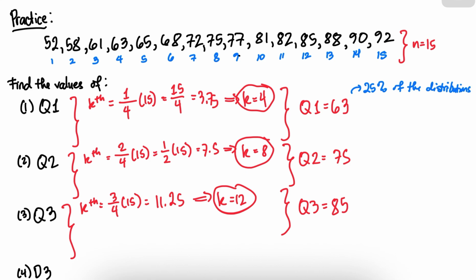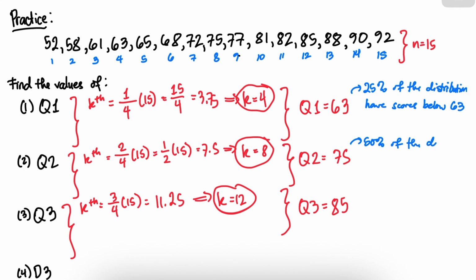So to make it general, we're going to make use of the term distribution. So 25% of the distribution have scores below 63.